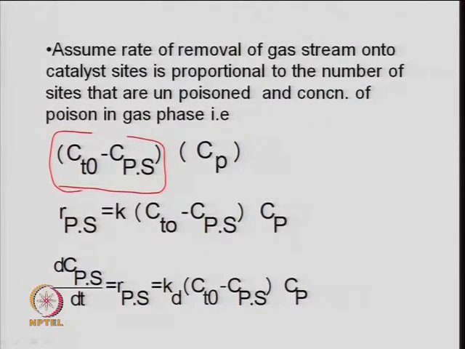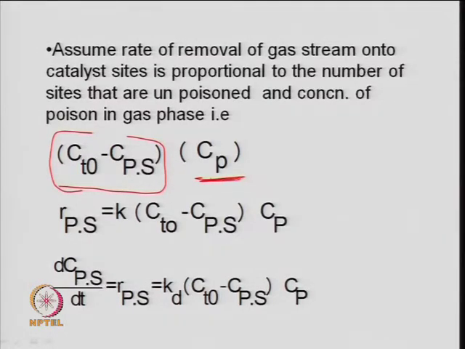That has been written here in terms of the concentration of poison precursor C_p times C_t0 minus C_ps, because C_ps is permanently blocked or damaged site, right. So, C_t0 minus C_ps is the concentration of the vacant site which is available and changes with time on stream, because C_ps is increasing with time. So, the total sites which are available will decrease.